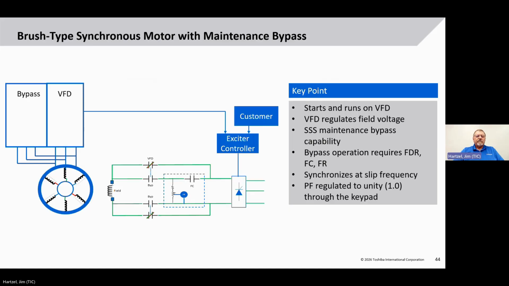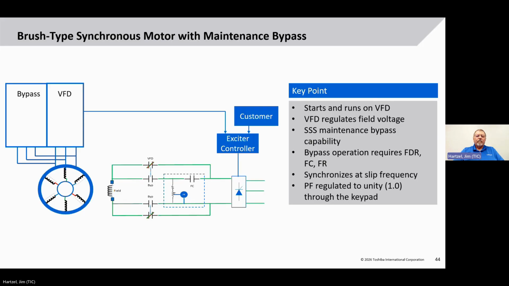Okay, and this was a situation where a customer inquired: I want a bypass with my drive, and if the drive goes down, can I start the synchronous motor? It was a brush type across the line. Well, yes, we can do that. The thing we have to consider here is we have to set the field circuit up for two different situations.